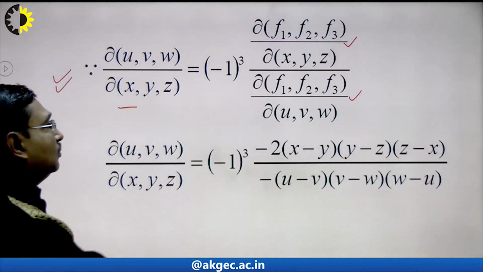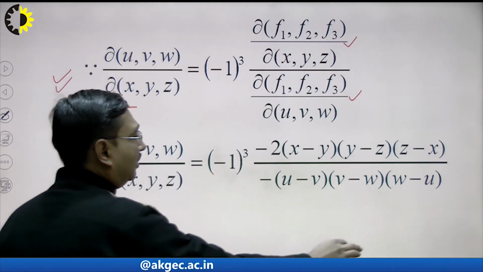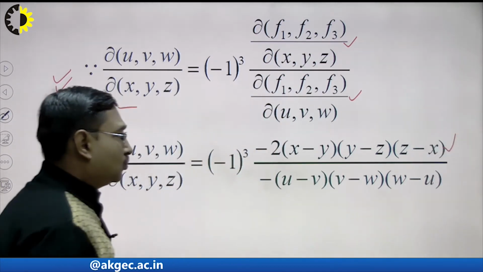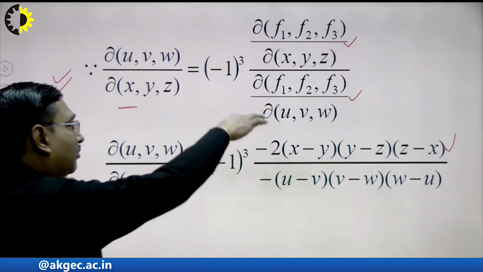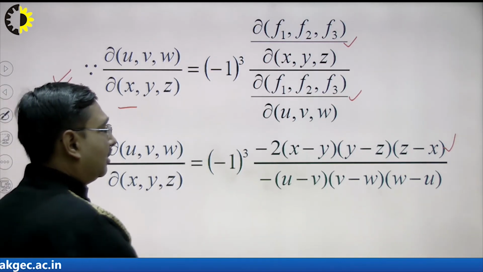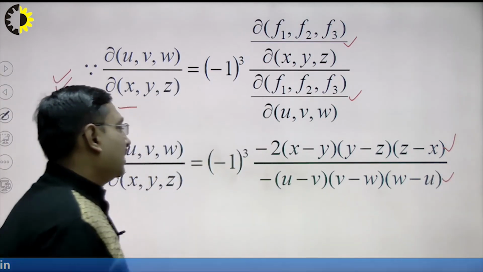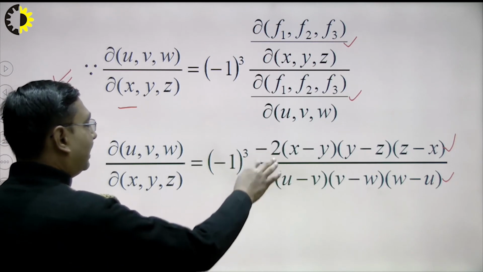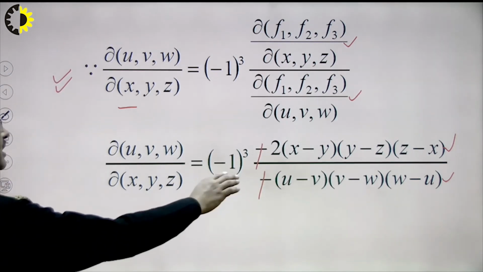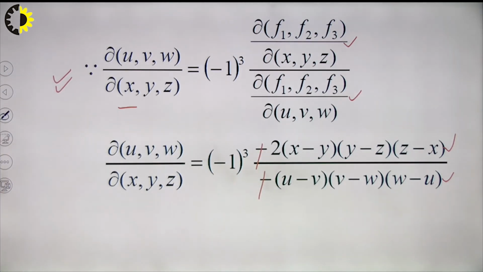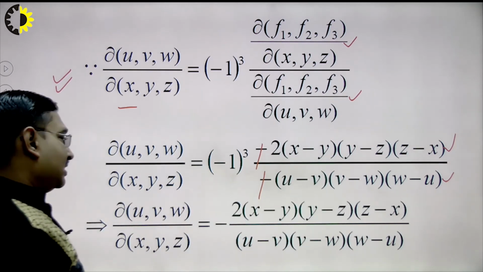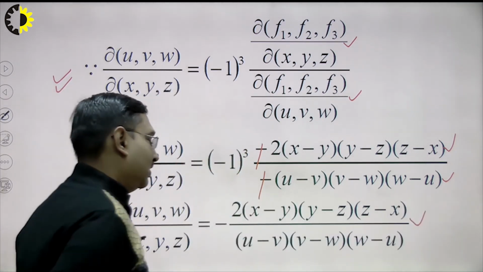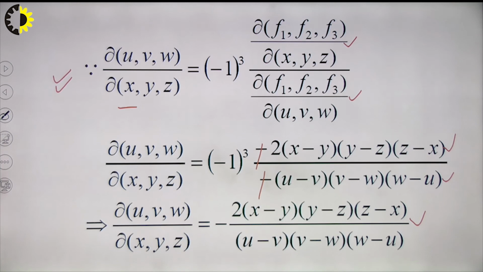Substituting the values, the value of this Jacobian was this one, the value of the Jacobian occurring in the denominator was this one. Simplifying, these minus signs will cancel out, and this minus 1 raised to the power 3 will give again minus, and it is the value of the required Jacobian which we were trying to find, or which we were trying to prove.